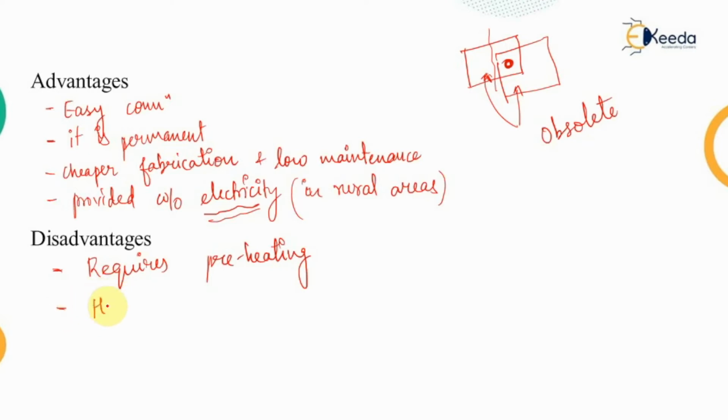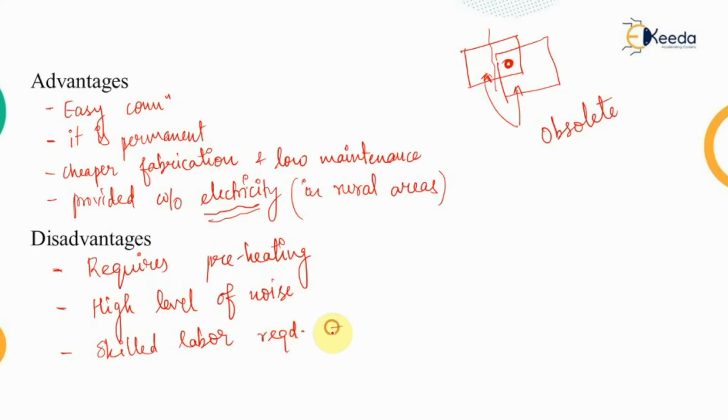That creates a high level of noise, which is the major objection to the use of the rivet connection. Also, the labor required must be skilled, and since skilled labor is required, there is a high labor cost.